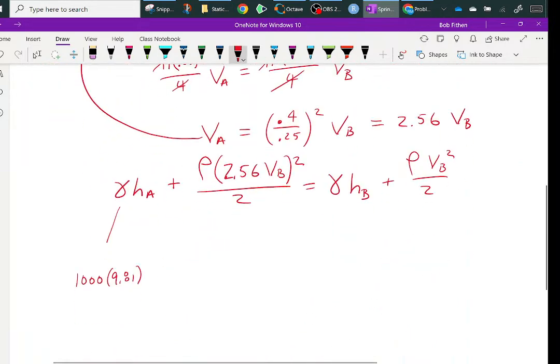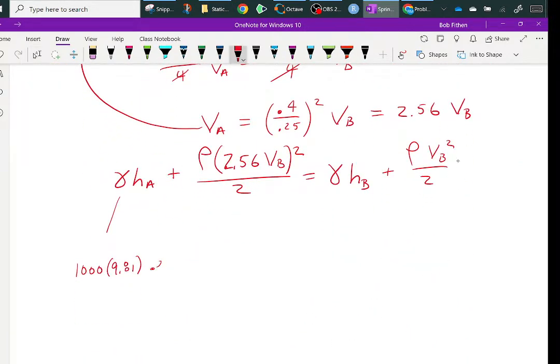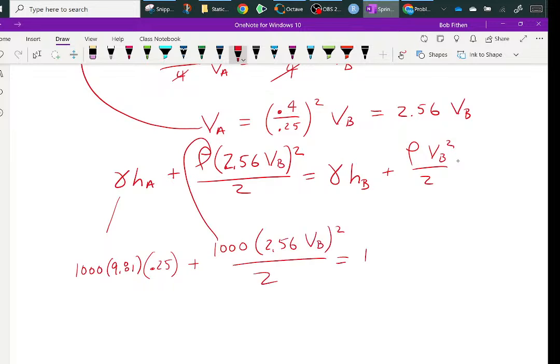0.25, plus 1,000, because that's the density, times 2.56 VA squared over 2, is equal to 1,000 times 9.81. That's the gamma.